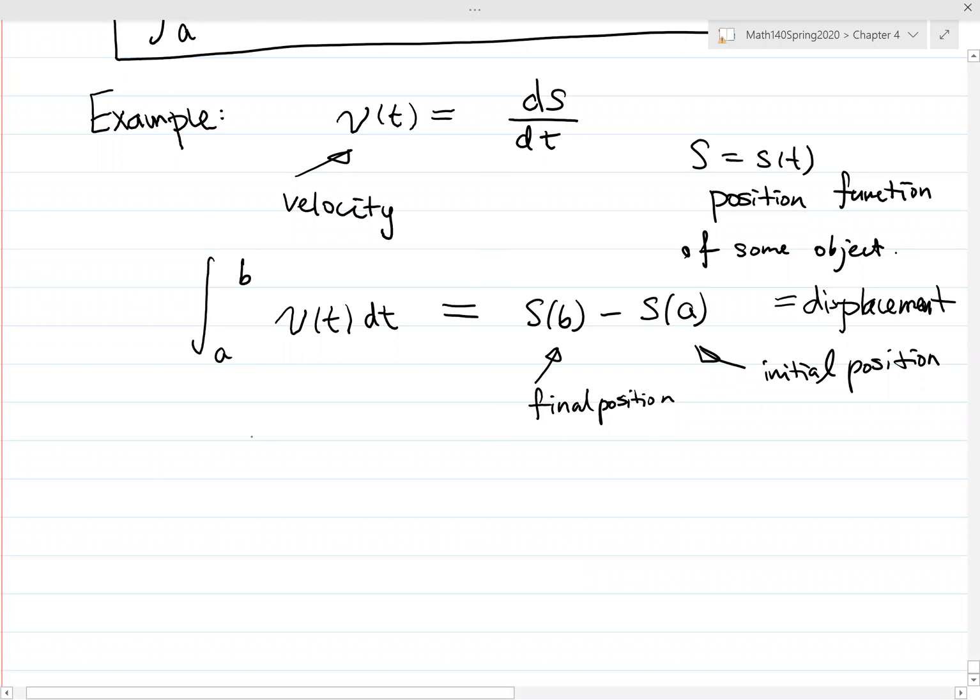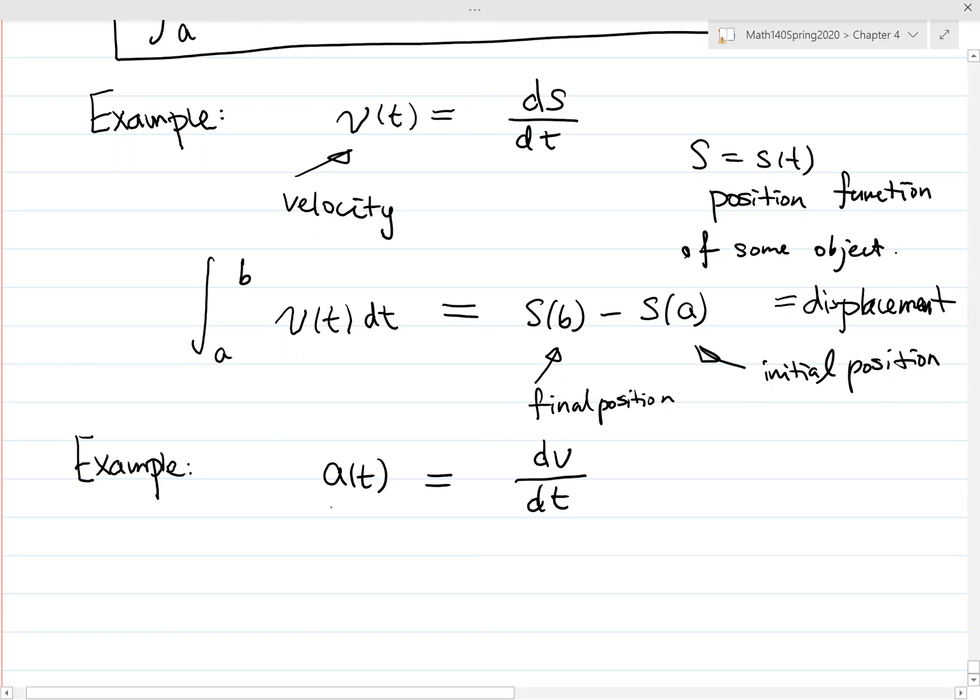Okay, another example. Acceleration. Acceleration is the derivative of velocity, the change of velocity with respect to time.